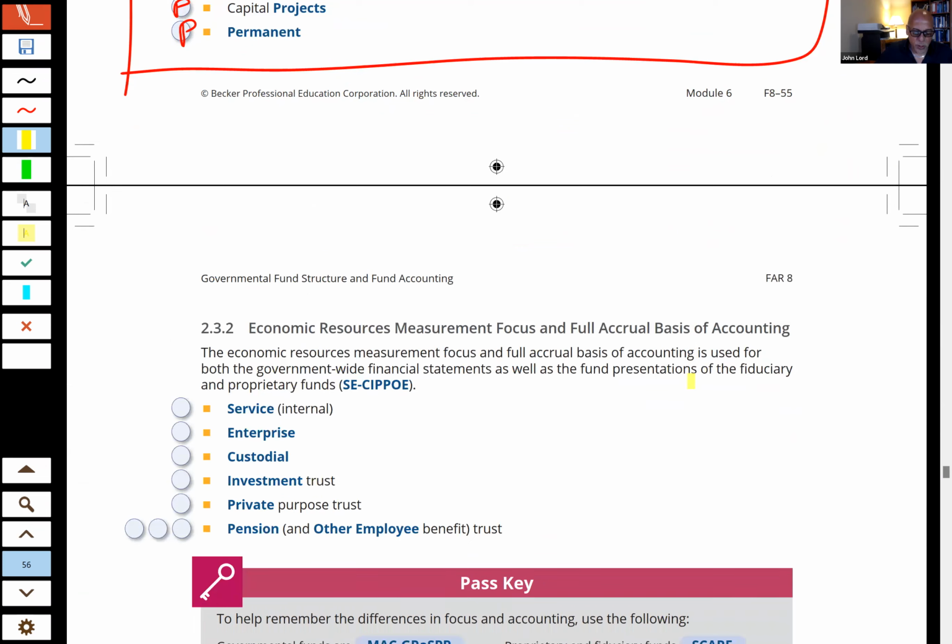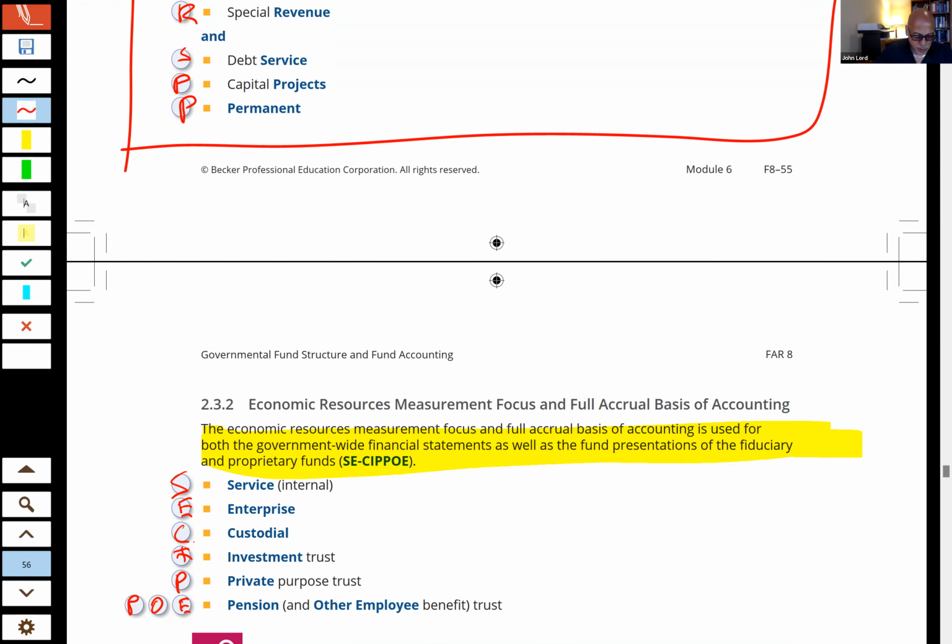Okay, and then they say, well, which funds are going to use the economic resources measurement focus? And it's everybody else. It's all the other funds, but again, they give you the mnemonic. It is my advice that you just remember KIP. To have to remember the PO part of KIP seems like a little too much, but it's what? GRAS CKIP.